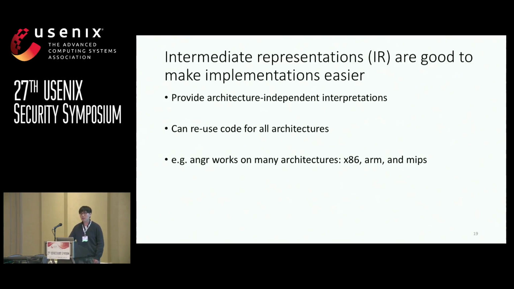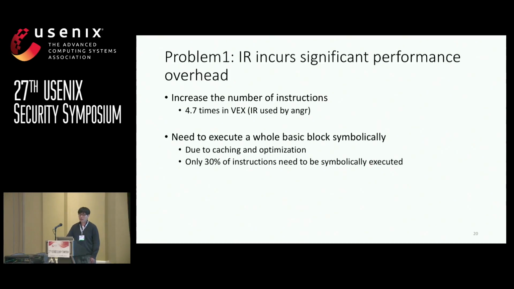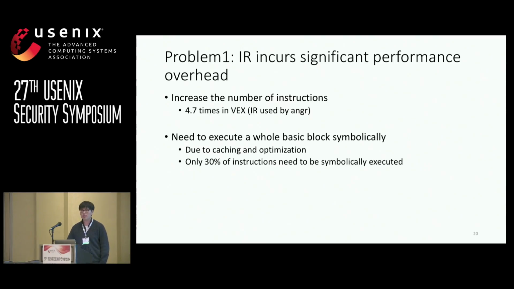For example, angr works on many architectures, including x86, ARM, and MIPS. But IR incurs significant performance overhead. First, the reason is that it increases the number of instructions. In our evaluation, VEX, which is the IR used by angr, increased the number of instructions by 4.7 times.